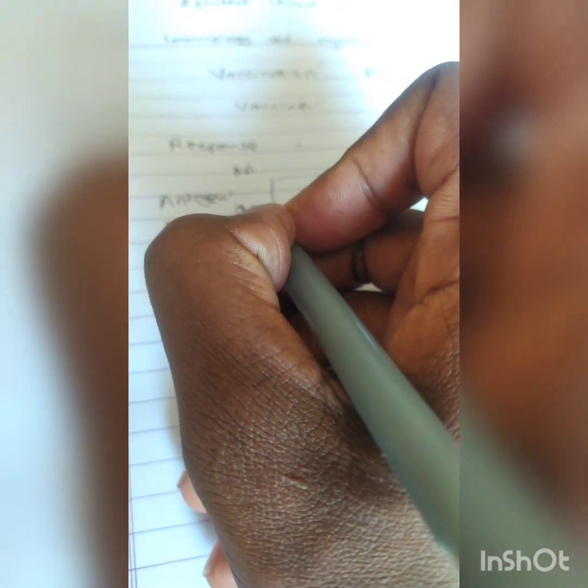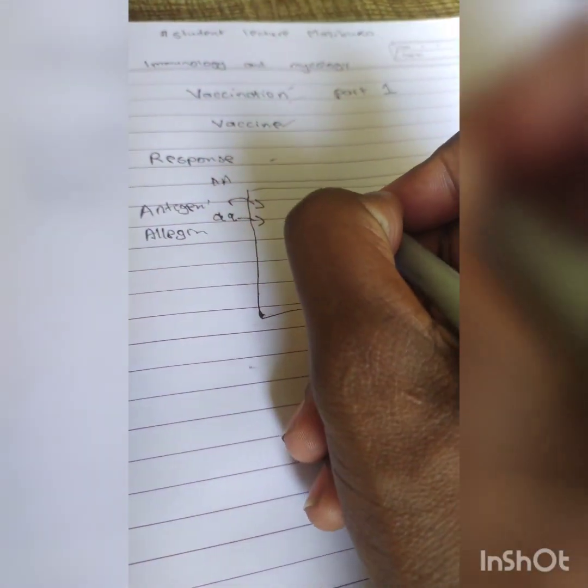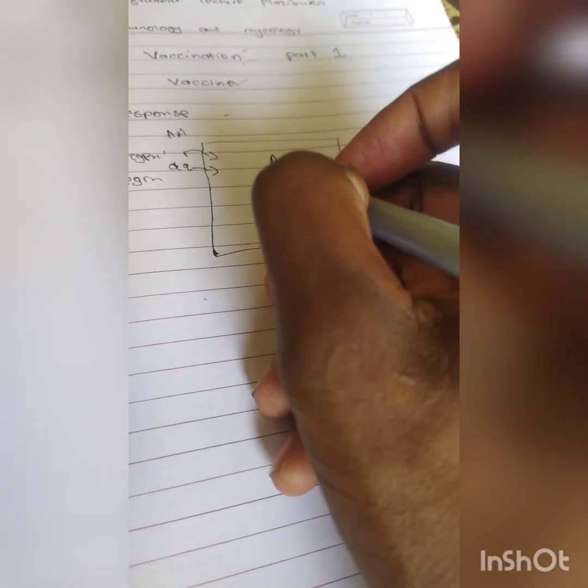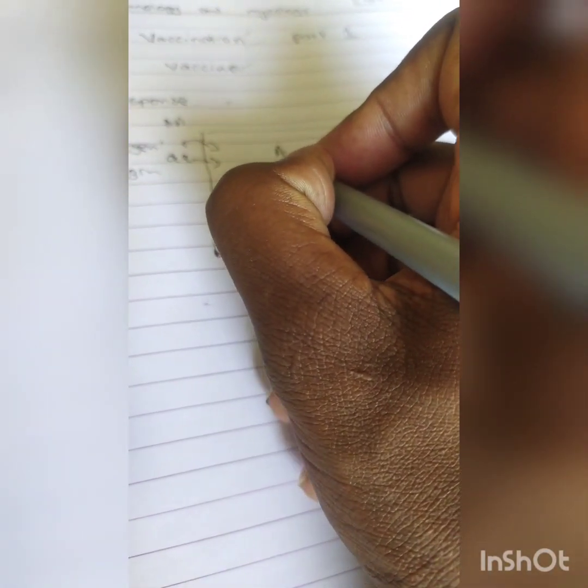Let me denote antigen by A, like this. That's how we do the biological terms. If the antigen enters into our body, our body will make a response to it.